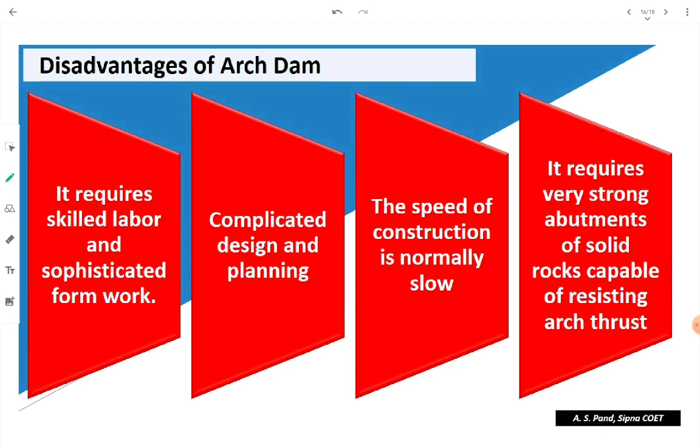Even if one of the abutments is weak with respect to the other, then we have to treat the location, we have to make some sounding, we have to make the abutment strong by some artificial means, otherwise we have to simply reject the site. That's why the abutment should be very sound and should be able to resist the arch thrust or the arching action.